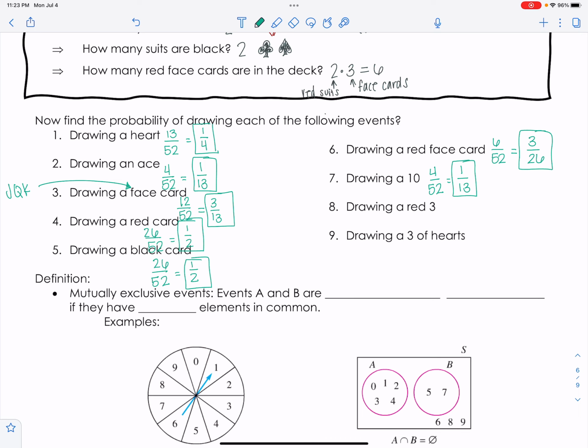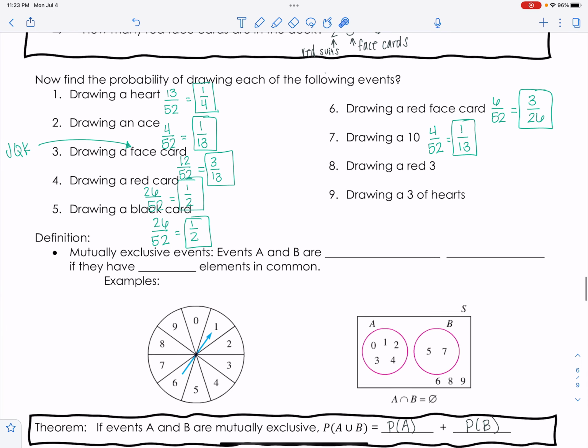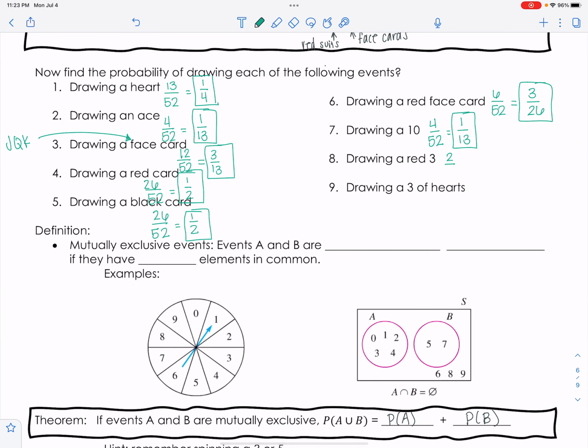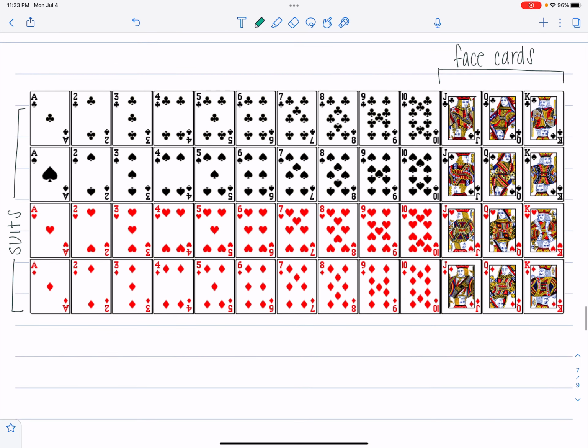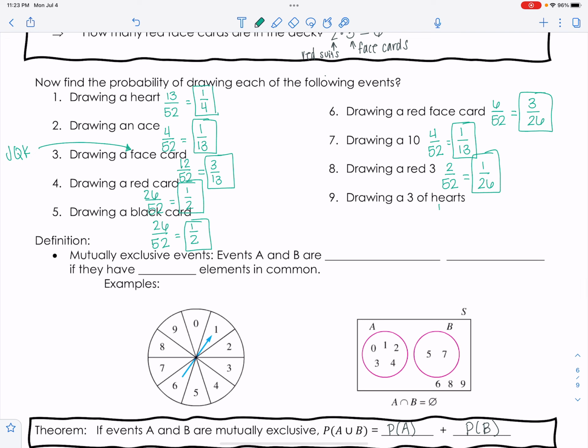Drawing a red 3. Red 3s, there's going to be 2 of them out of 52, which is going to reduce down to 1 out of 26. And then lastly, drawing a 3 of hearts. Well, there is only 1 card that is a 3 of hearts. And so that's going to be 1 out of 52, and it doesn't reduce down any further.